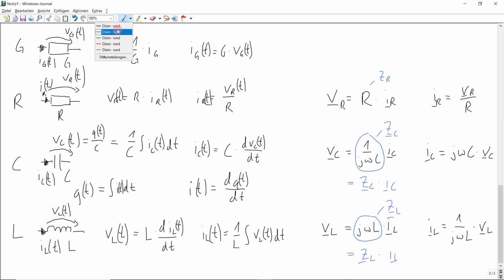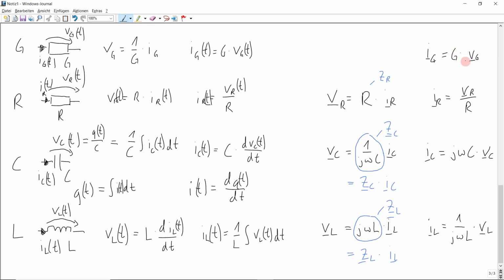And so now if we go to the other side here and say, if we would have this IG current through some conductance, maybe some conductor, and it's G times the voltage drop across this conductor, this equation in time domain and this equation in frequency domain would also be the very same equations.